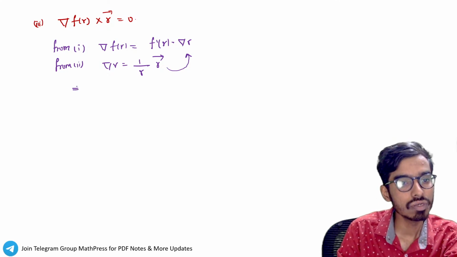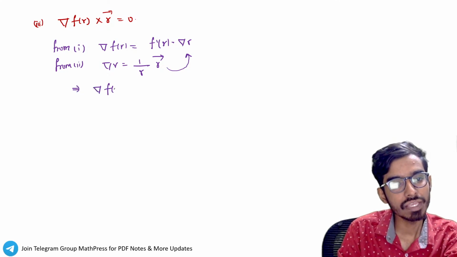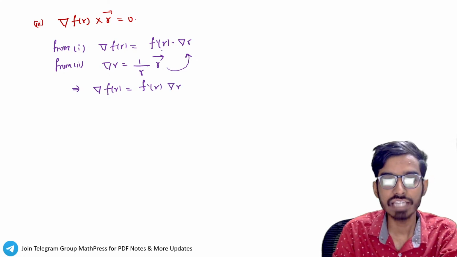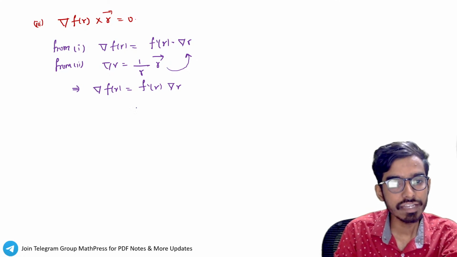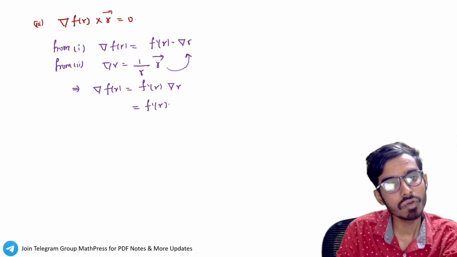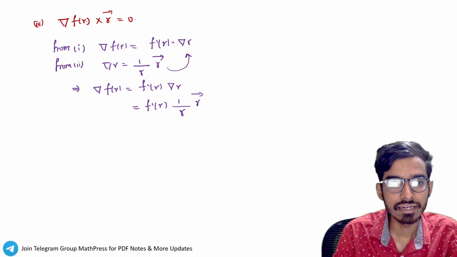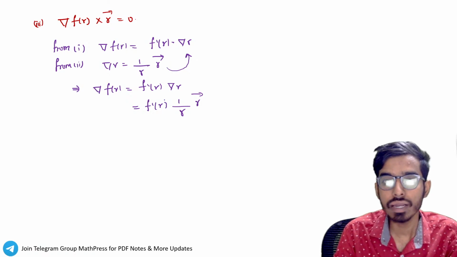Gradient of f of r is f dash of r into del r. So instead of del r, I'm going to replace it by 1 by r into r vector. So that means I can write this gradient of f of r to be f dash of r into 1 by r into r vector.